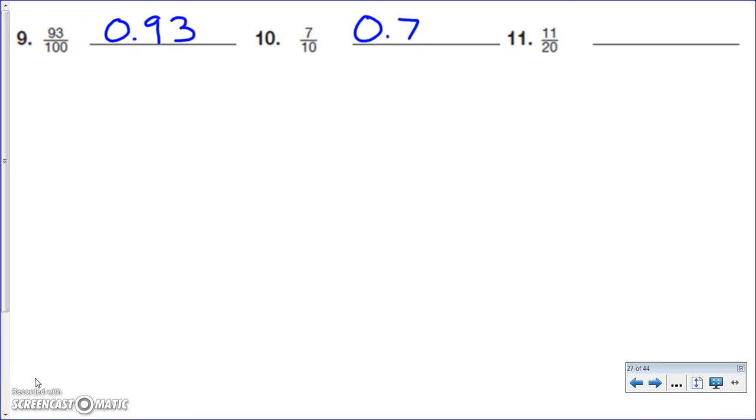For 11, 11/20 does not directly convert right to a decimal, so we are going to have to do some work on this one. Because 20 goes evenly into 100, we're going to use the multiplying method to create an equivalent fraction. So as we write out our proportion here, we know to get from 20 to 100, we multiply by 5.